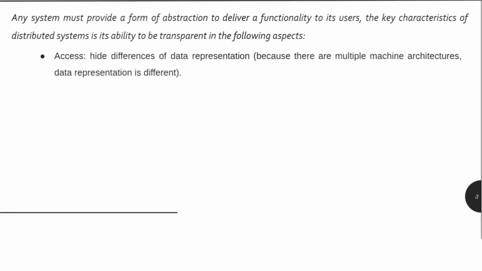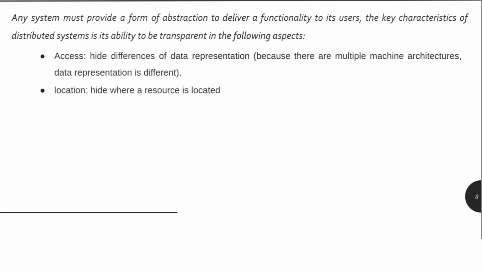And some machines use different architectures, which means that the data representation could be different. A good distributed system will hide that difference, and it will make it look like all of those machines use one single architecture. So there is only one data representation.